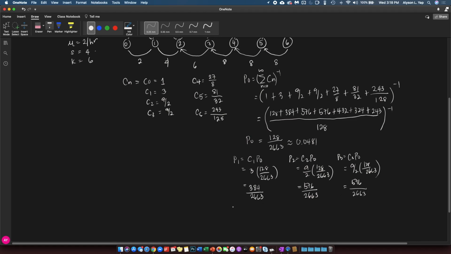If we continue the pattern, P sub 4 is equal to 432 over 2663. P sub 5 is equal to 324 over 2663. And then P sub 6 is equal to 243 over 2663.